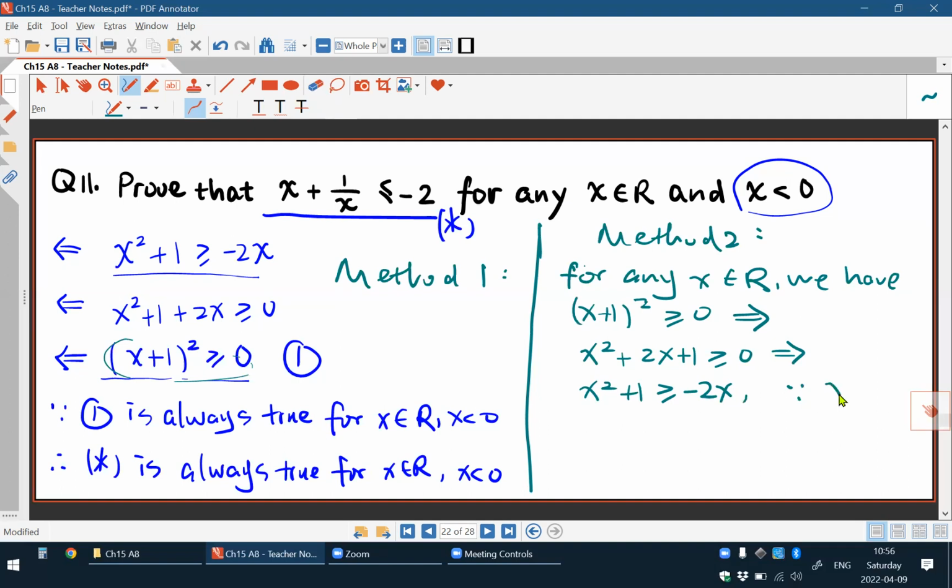And because x is less than 0, then if we divide both sides using x, we can get x plus 1 over x, you need to change the direction, right? Negative 2. So this one is always correct for x belongs to any real number and x is less than 0, right? In this way, we also can prove this is true.